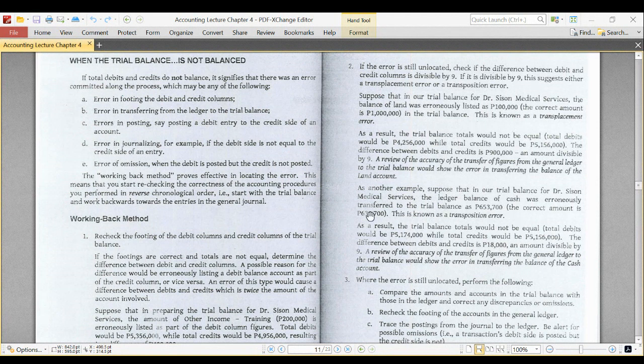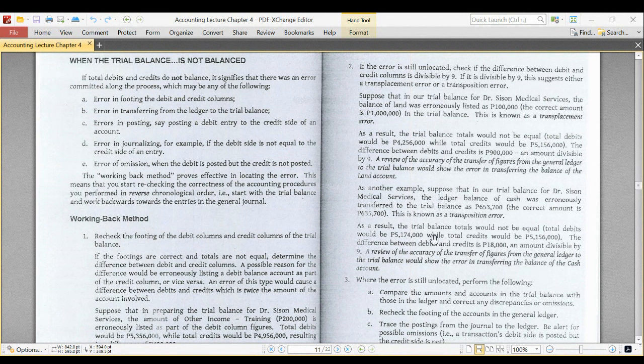Ayan. Basta magkatabi sila. Kung malayo na yun, kunwari 6537 naging 6357, baka hindi na divisible by 9 yung difference.